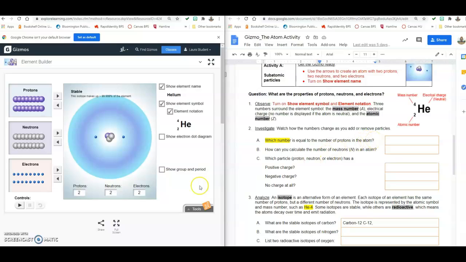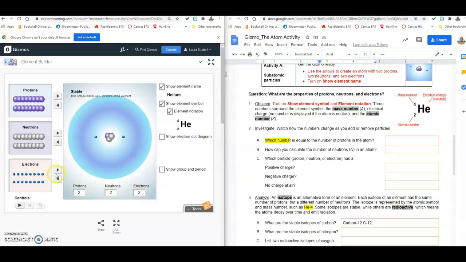So let's see if we can figure this out. Right now this atom has 2 protons, 2 neutrons, and 2 electrons. We can rule out the mass number because the mass number doesn't equal 2. This number doesn't equal 2 either. Down here, the atomic number, that says 2, but it could be any of these right now.